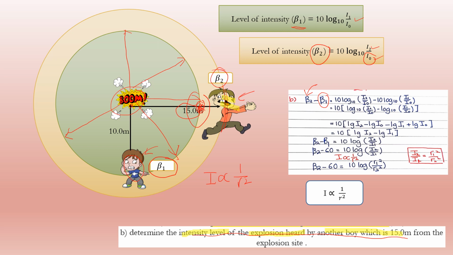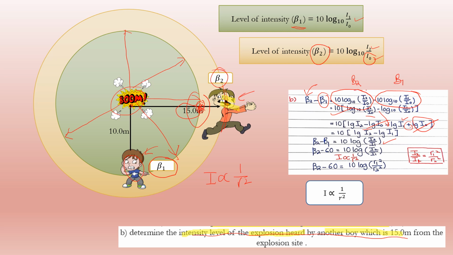So now, the first formula, beta 2, minus the second formula, which is beta 1. Okay. Then what did I do? I factorize. And then we know if I2 over I0 means it's minus. Okay, so minus. So minus log I1 minus becomes plus. Minus becomes plus. And then this one can delete. Okay, so then you get back like this.